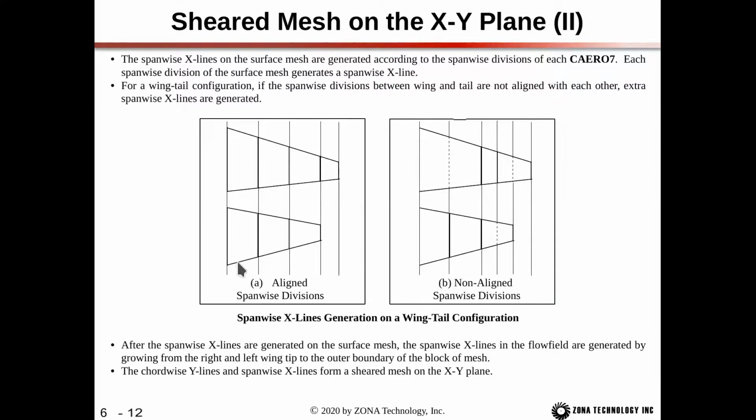So in this example, we have a tail with 3 boxes, so we have 4 cuts, and then we have a wing with 5 cuts and 4 boxes. And you can see that these cuts are aligned with each other. Now over here, we have our 4 cuts for the tail, and then we have 3 boxes, so we have 4 cuts for the wing, but the lines are not aligned with each other.